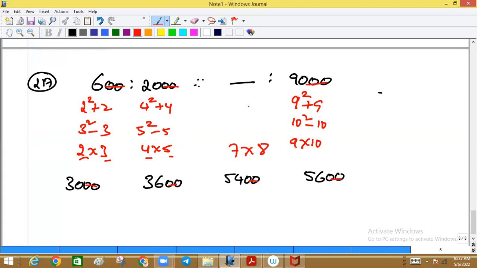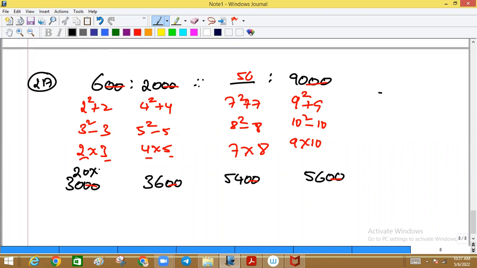In terms of n square plus n, 7 square plus 7. In terms of minus, 8 square minus 8. So obviously, what is my answer? 56.